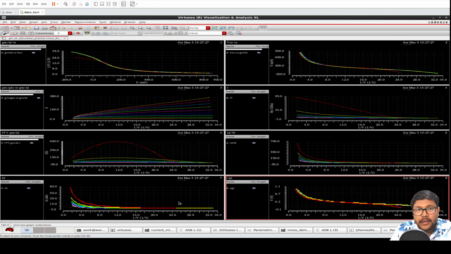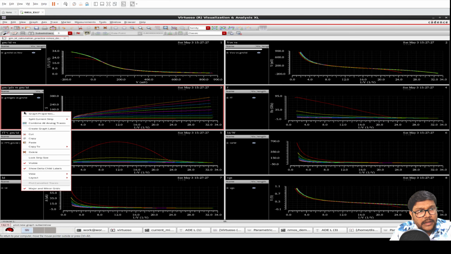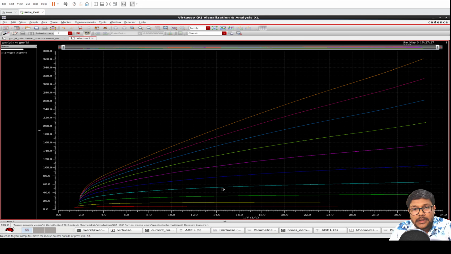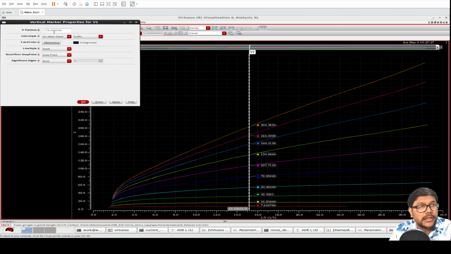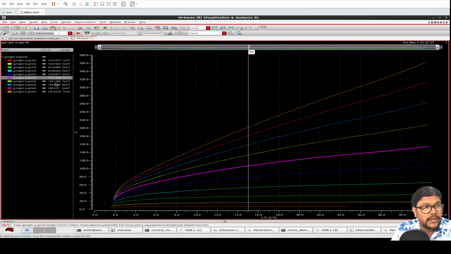For gain we have to look at the gm/gds graph, this one, versus gm/ID. I'm copying it to another rectangular window, and we'll see. I'll make a vertical marker at 15, that is for proper saturation. My gain is 107 for this length, that is 600 nano.